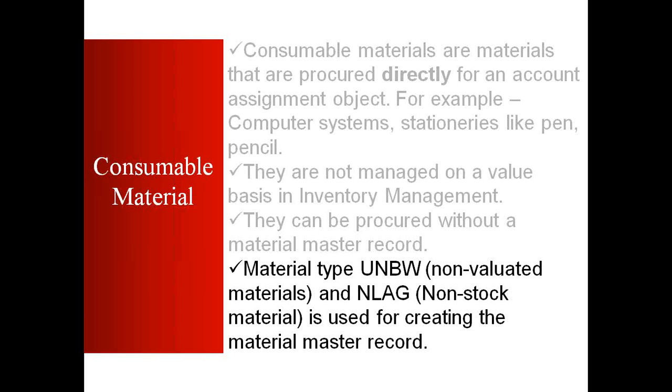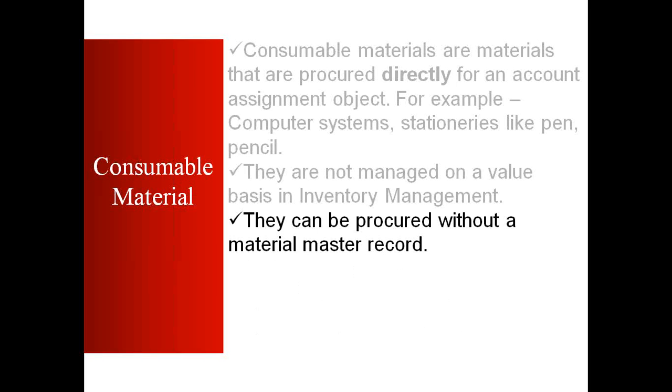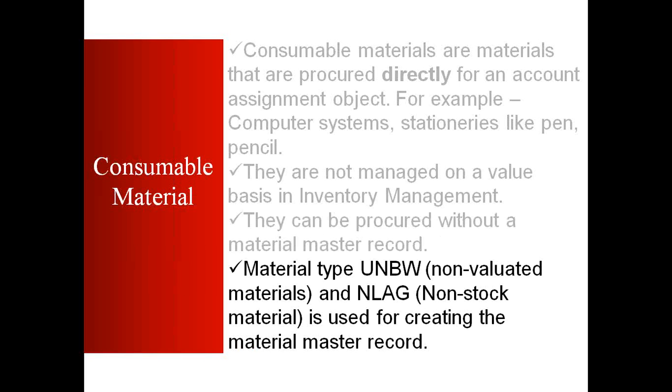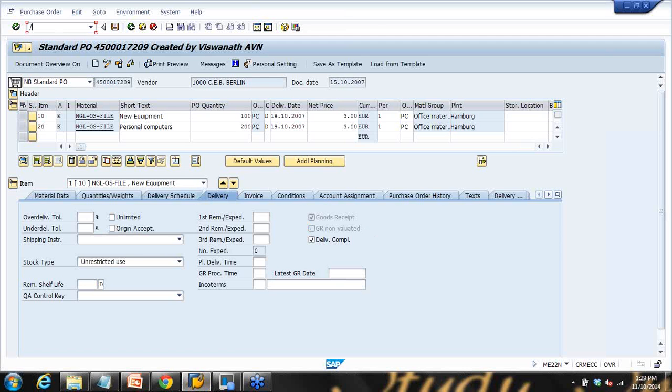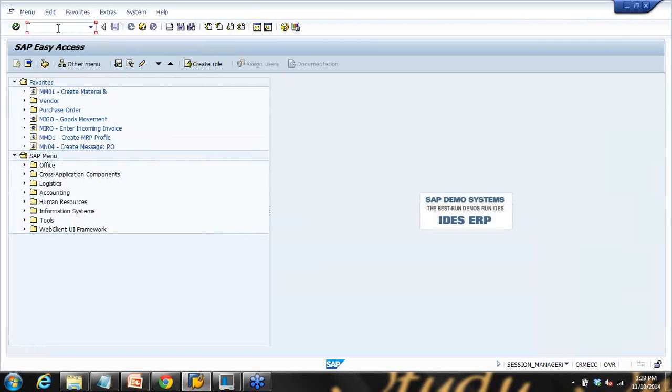As I said, they can be maintained with a material master record, or you can purchase them without creating any material master record. But if you need to maintain the material master record, then you should use these material types, NLAG and UNBW. If you remember, in the previous topic I showed you how to create material masters with the MM01 transaction.